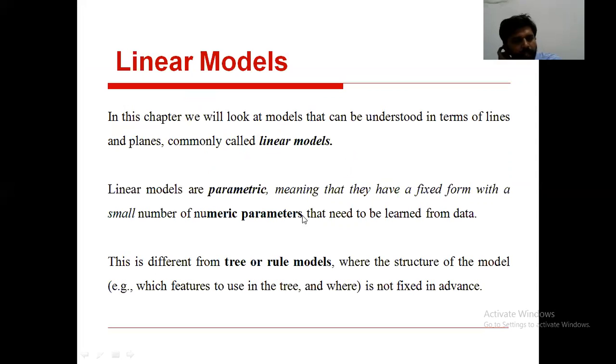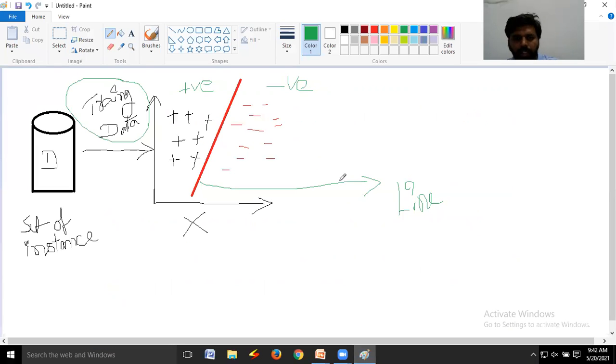Right. Linear models are parametric. What is parametric here? Parametric means they have a fixed form with a small number of numerical parameters. See, if you observe the image, this line is formed by using points, right?